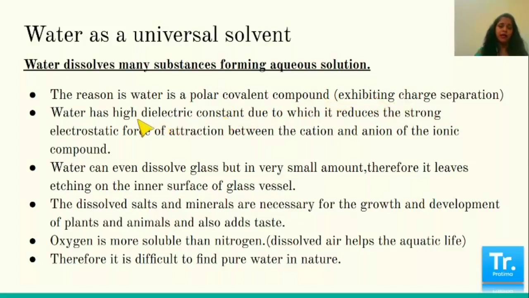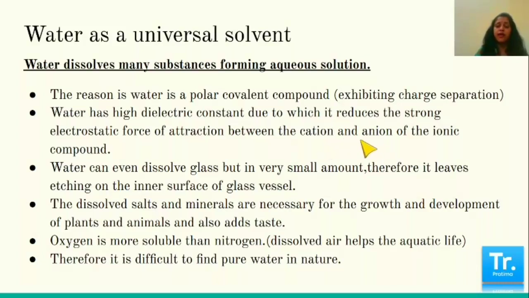At the same time, water has a high dielectric constant, due to which it reduces the strong electrostatic force of attraction between the cation and anion of an ionic compound. For example, if sodium chloride is added to water, sodium chloride has an ionic bond between sodium and chlorine. Sodium is the cation, chlorine is the anion.